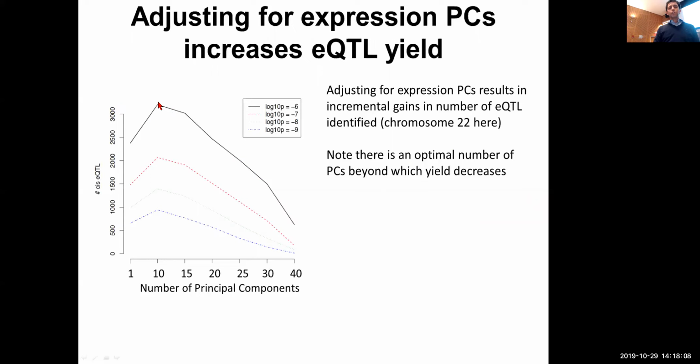Of course, as you start including more and more principal components, you're chopping away at the signal in the array. Eventually, the number of QTLs decreases dramatically. Everybody with me here on sort of this shape of the curve? So basically, initially it's increasing because I'm removing non-genetic components, and then it's decreasing dramatically because I'm actually starting to remove genetic components as well. Sounds good?